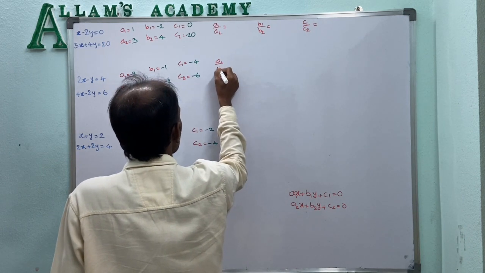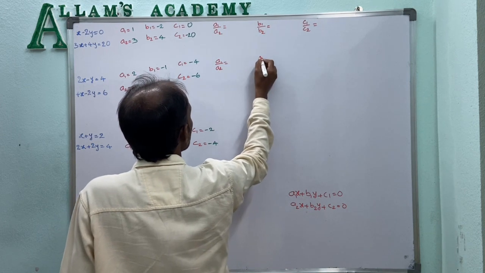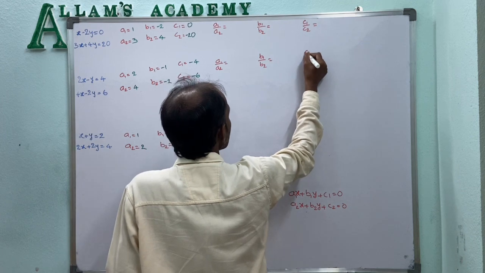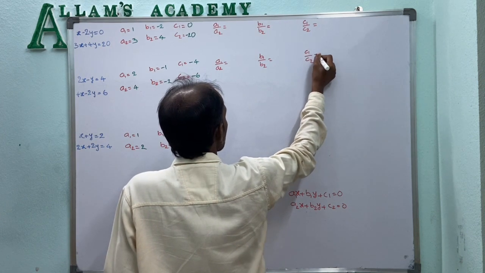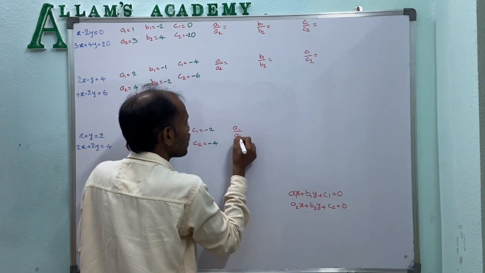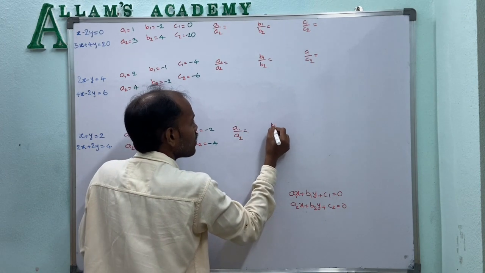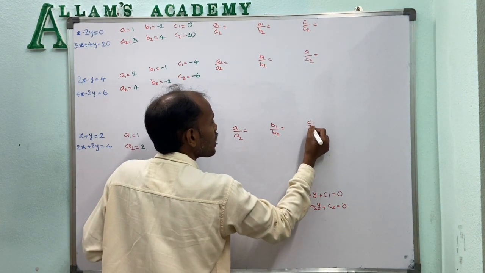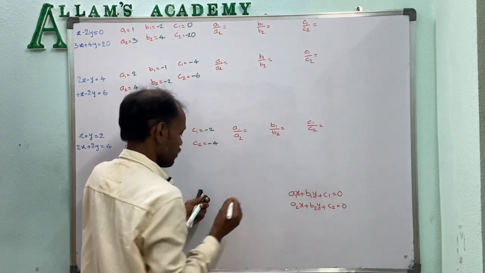Here also a1 by a2, b1 by b2, c1 by c2. Next, here also a1 by a2, b1 by b2, c1 by c2.